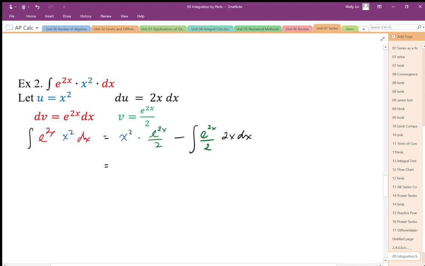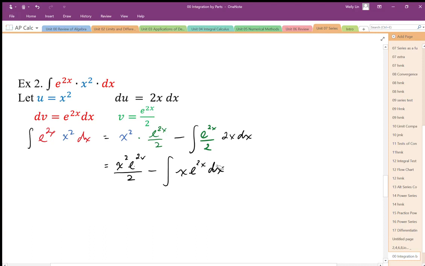And unfortunately, in this case, that new integral can't be done. So this cancels out, and I end up with x e to the 2x dx. So this can't be done.